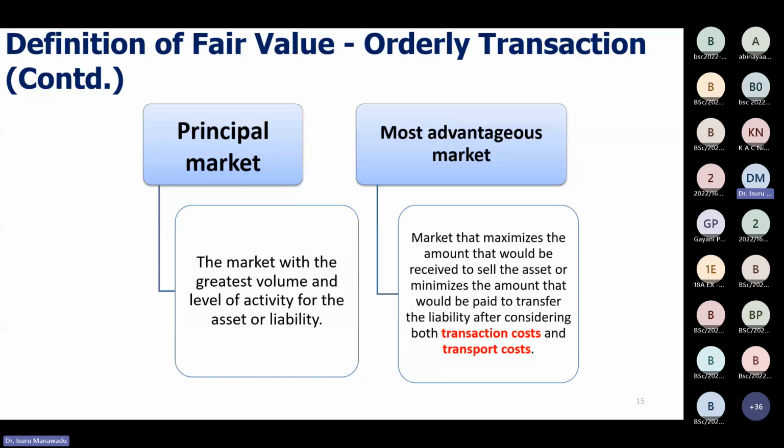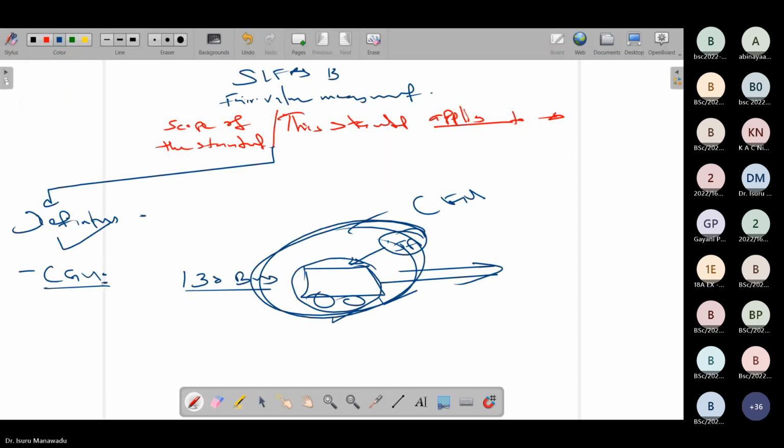Orderly transactions can happen in two markets. Number one, principal market. Number two, most advantageous market. Better to write that down. That's very important.